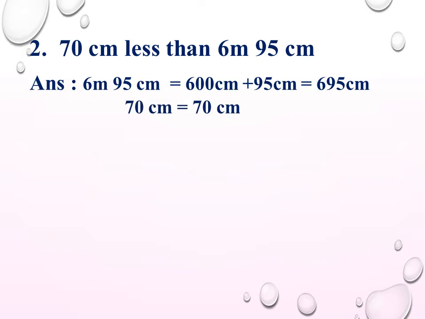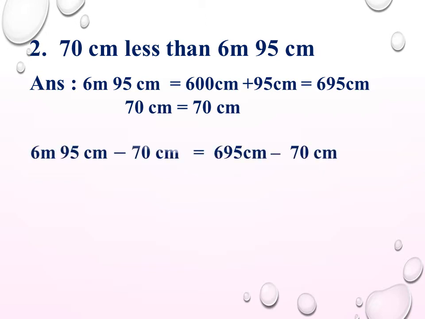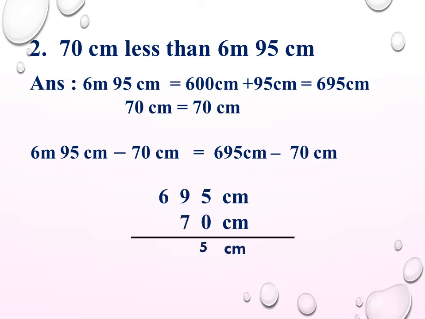Now we have to do the subtraction. 6 meter 95 centimeter minus 70 centimeter is equal to 695 centimeter minus 70 centimeter. 5 minus 0, we will get 5. 9 minus 7, we will get 2. 6 minus 0, 6 we will get. So the final answer is 625 centimeters.